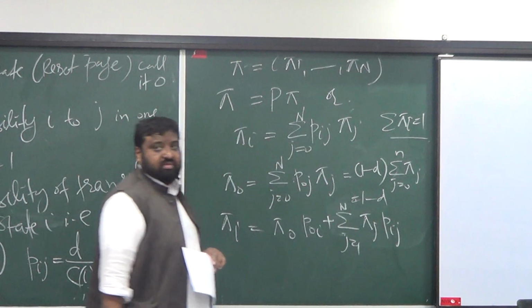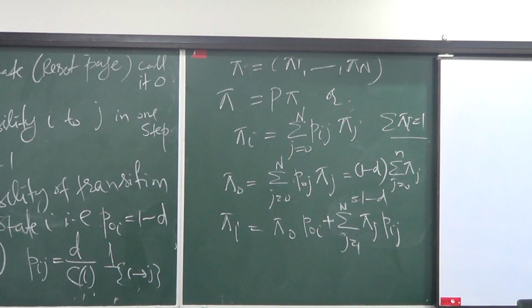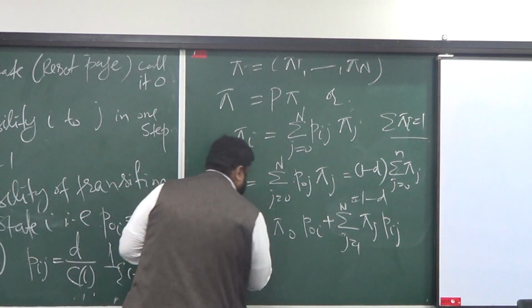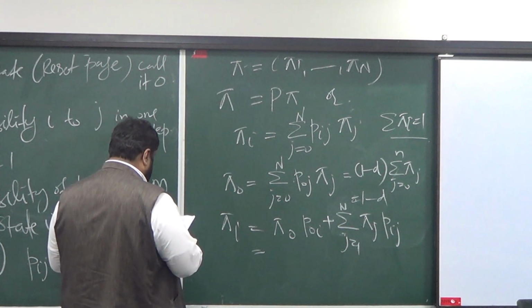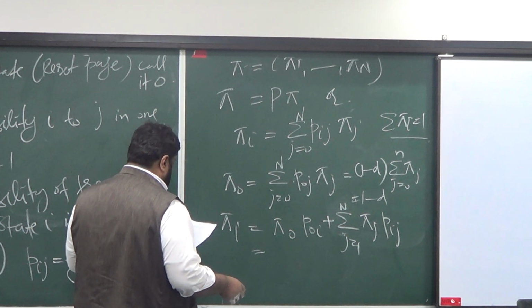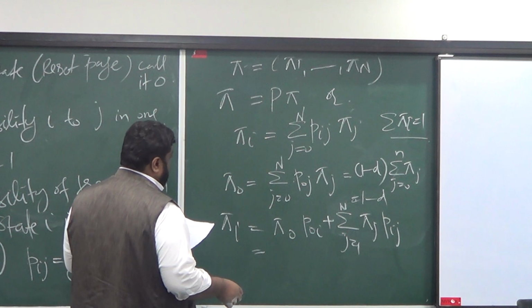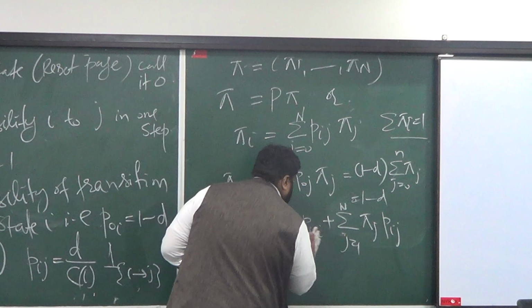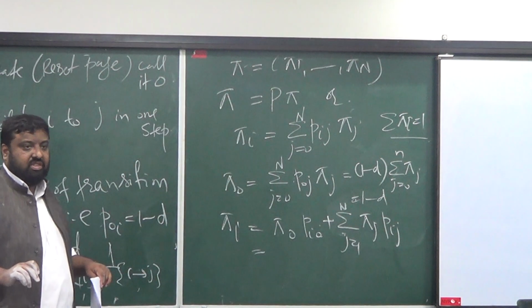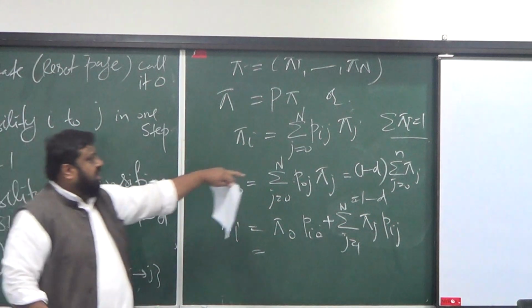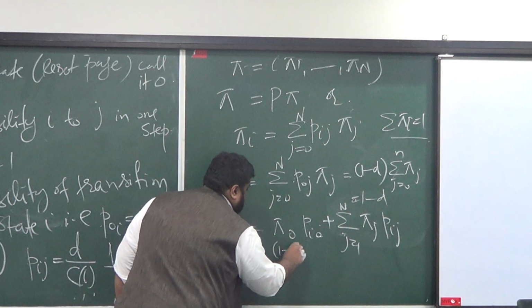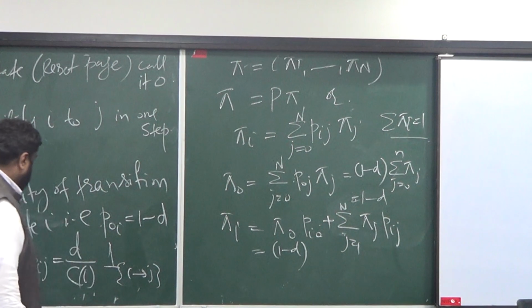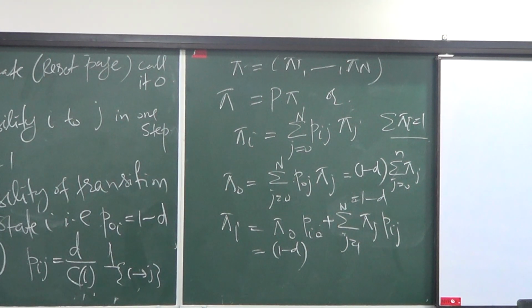Now if you'd like to write it explicitly, pi i is going to be, it should be pi0, keeping in the definition. So pi naught is 1 minus d, and p i0 is d over n. Yes, it's d over n.